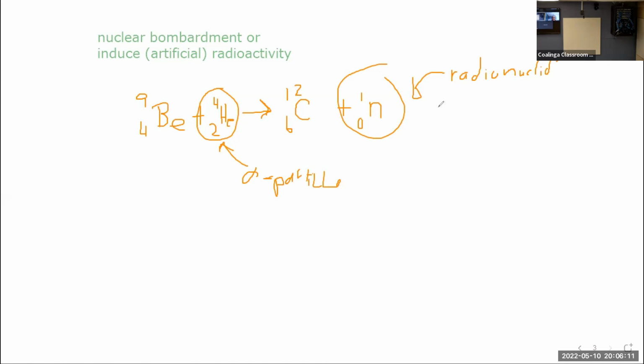And so that has to happen for it to balance out, right? Because if we look at the mass, we have a mass of 9 plus a mass of 4. That adds up to 13. So for it to be carbon-12, it has to release the neutron. That's right.